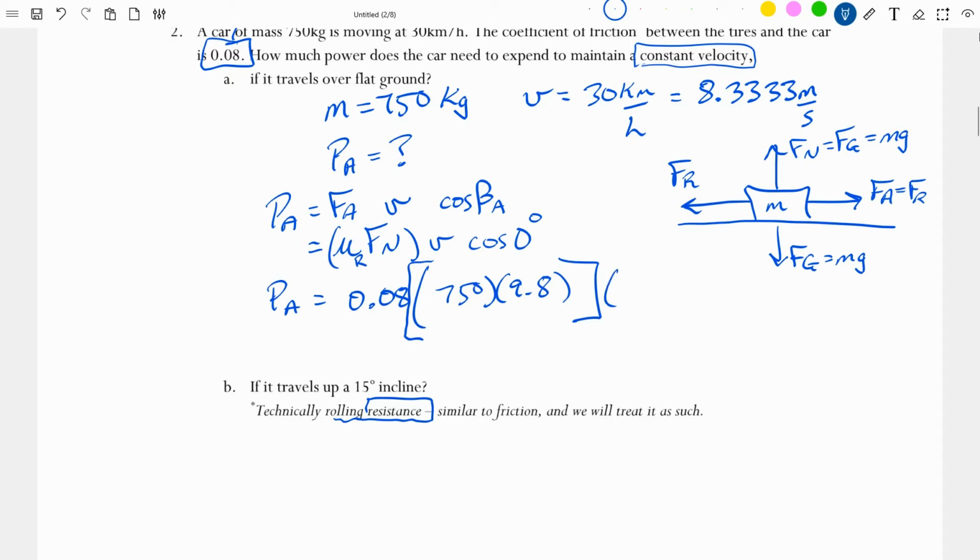Multiplied by the speed, which we were given as 8, well, I converted it into that unit, 8.3333. And that should really do it for this question. Just grab a calculator here. 0.08 multiplied by 750 multiplied by 9.8 times 8.3333.